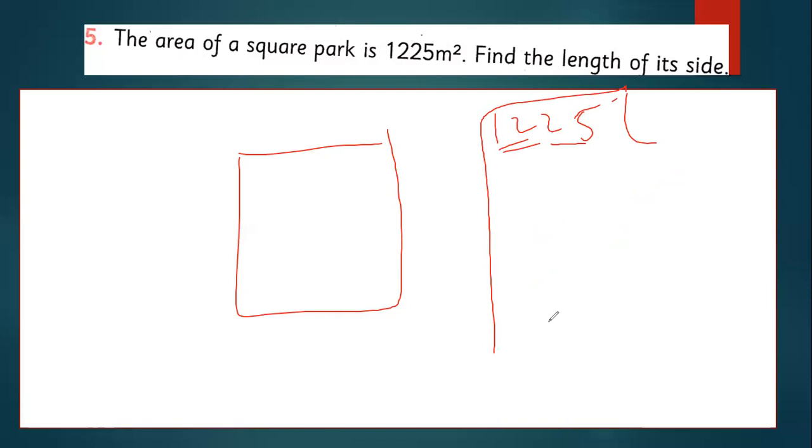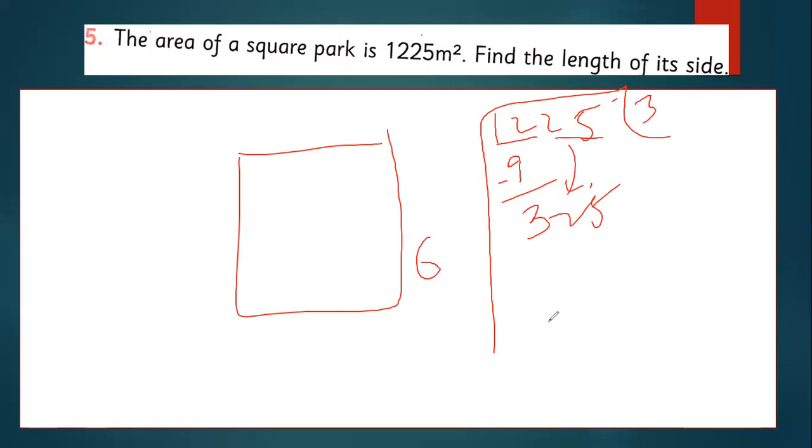In square root, we deal with pairs: 1 1 is 1, 2 2s are 4, 3 3s are 9. For pairs, you first have to deal with this 12. 3 3s are 9; 4 4s would be more, so it will give you only 3. Bring these two down. Now this 3 will become 6 over there.